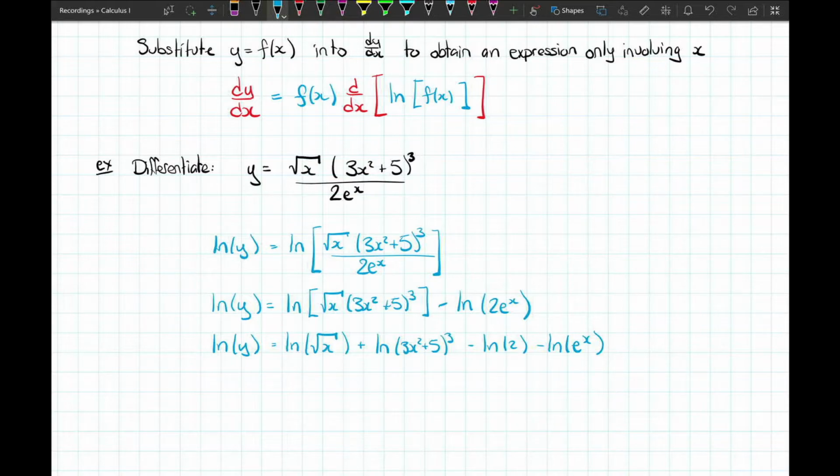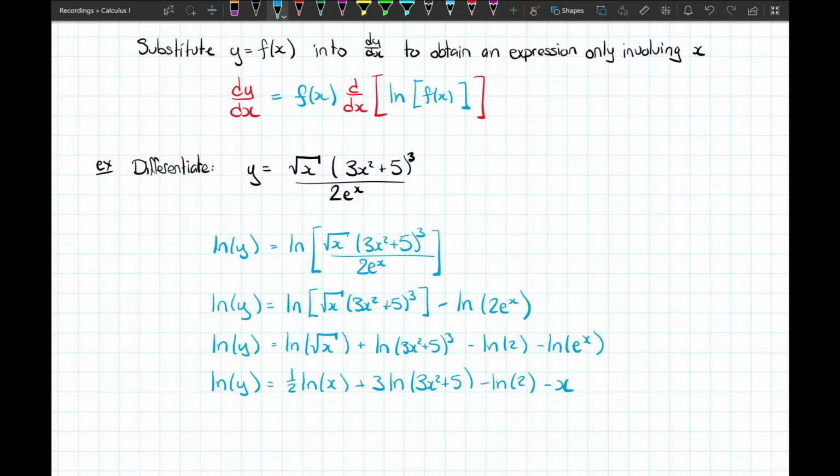There's still more that we can do here, because anything with a power, like root x or 3x squared plus 5 all cubed, we can have those powers end up in front of the logarithms as coefficients in our next step. And last but not least, using the cancellation property of the natural logarithm and natural exponential functions, the logarithm of e to the x is just equal to x.